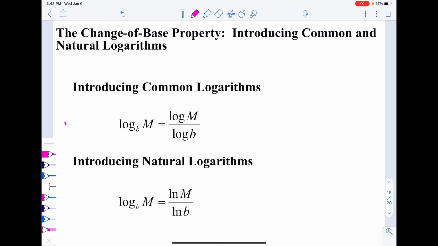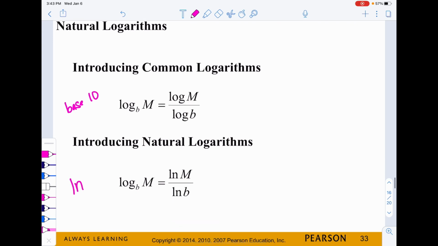If we go to base 10, that's where we have log base b of m equal to log m divided by log b. Because we change it to base 10, we don't have to write that in. For the natural logarithms, that's where we would have our ln, using the number e, so ln of m divided by ln of b.